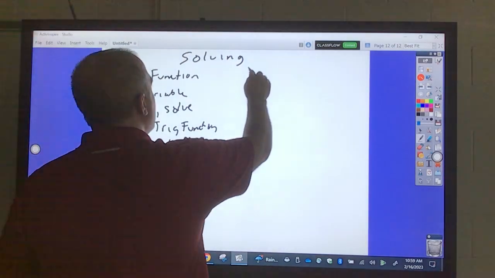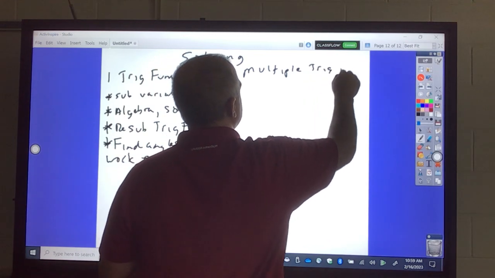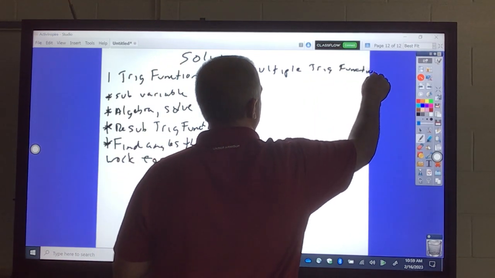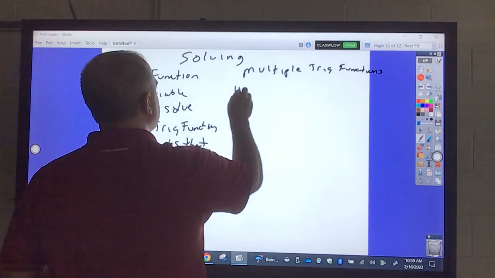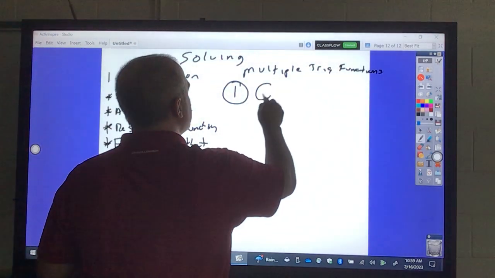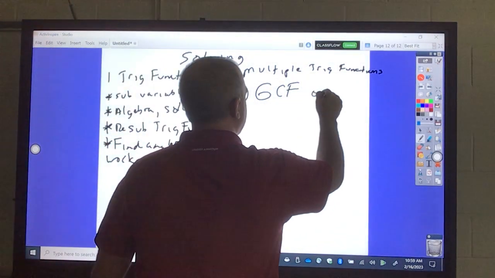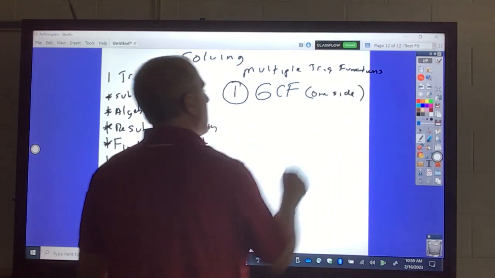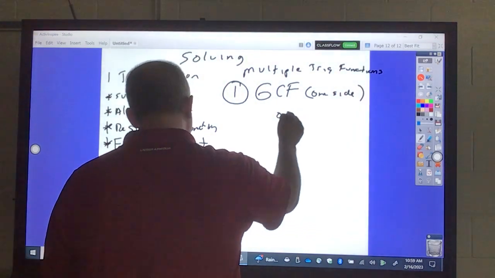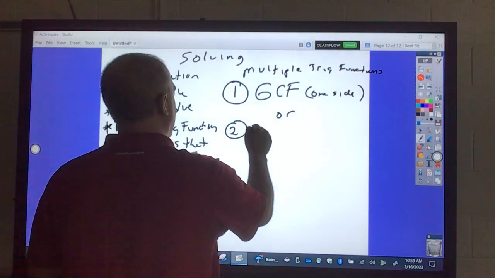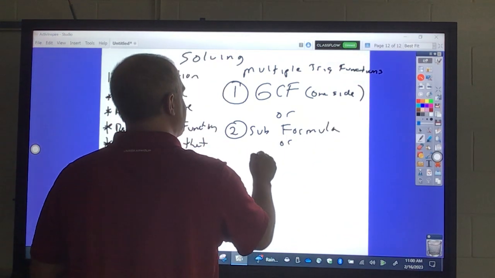Now, if you have multiple trig functions, this is what you should try to do, in order. First thing you should try is see if you can do a GCF: move everything to one side and do a GCF. If that solves it for you, great, you don't need to do any more. Or see if you can substitute a formula or an identity.